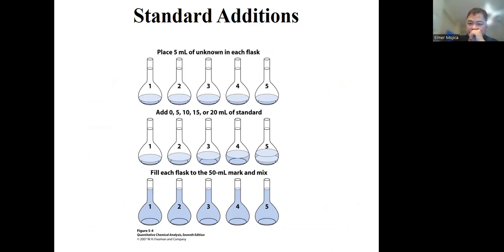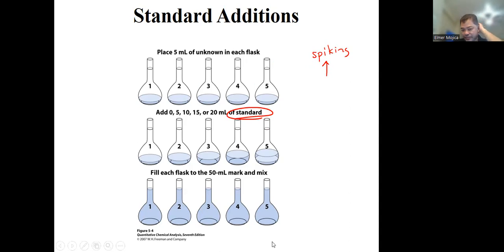So here, what you do in the standard addition, you prepare different solutions wherein you add your sample and different concentrations of your standard. That's if you have a lot of sample. What if you only have a small amount of sample? What will you do? You can just use one. The addition of what we call the standard, that's what we call spiking.